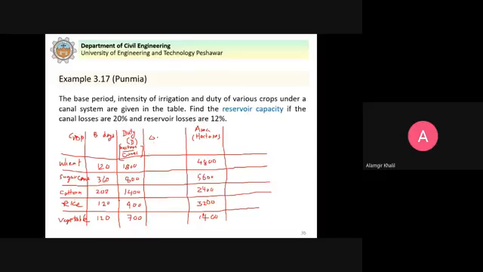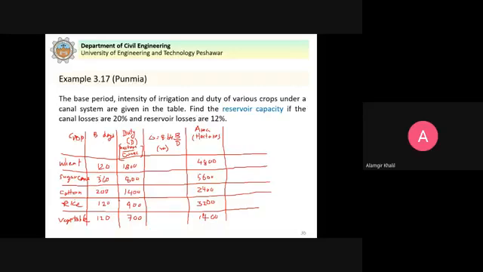So the delta in this system of units will be equal to 8.64, as we discussed in the previous lecture, into B by D, where B is the base period and D is the duty. And here the units are meter.